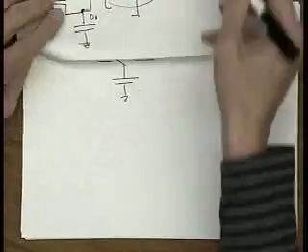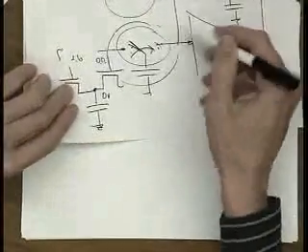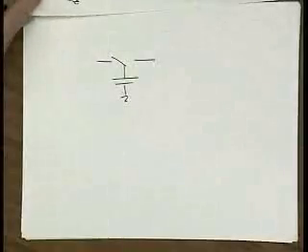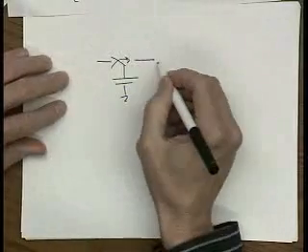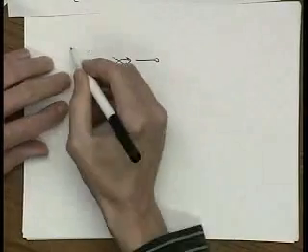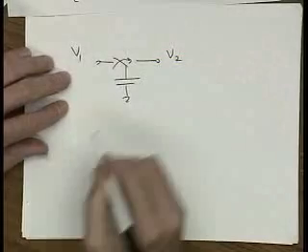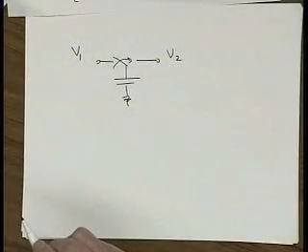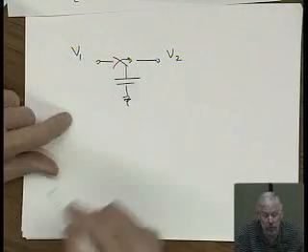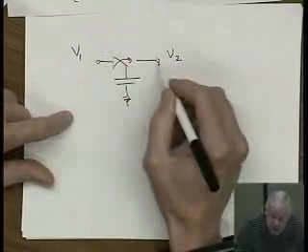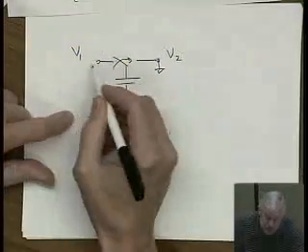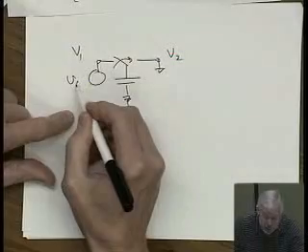Notice the important thing here is everything's just capacitors, no resistors. If we have two voltages here, how do we figure out what the effective resistance of this thing is? Well, we do like we've always done. Let's just ground this one and put our test voltage on this side.